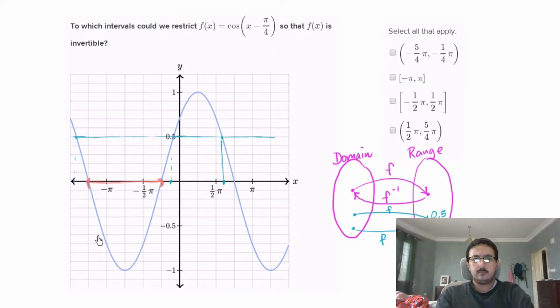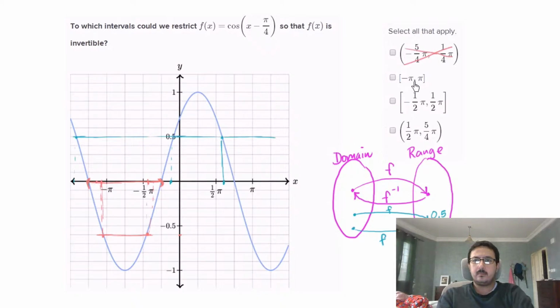Here, I can still apply the horizontal line, and in that domain, I can show that there are two members of the domain that are mapping to the same element in the range. So if I'm trying to construct the inverse, what would f inverse of negative 0.6 be? Would it be this value here, or this value here? So I would rule this one out.